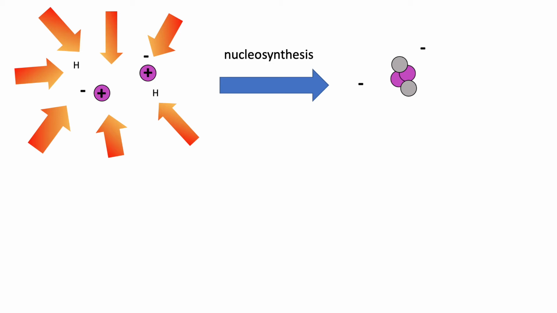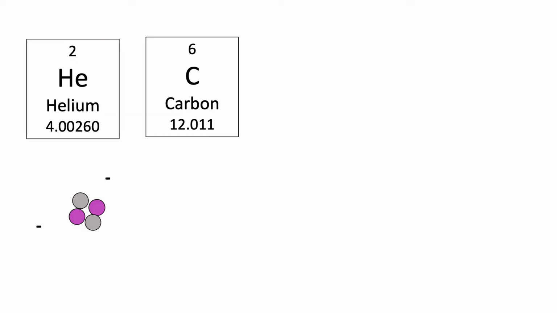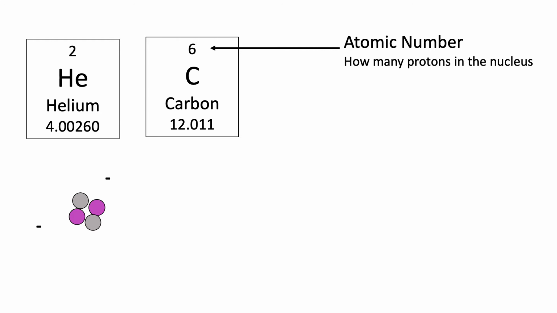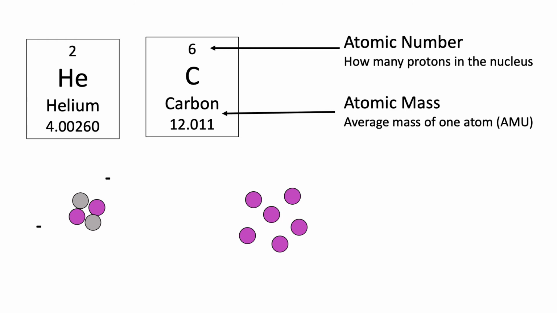Now let's look at what it would take to make carbon. Carbon has an atomic number of 6. So it has how many protons in the nucleus? It has 6. Its atomic mass is 12. Each proton is 1 AMU.